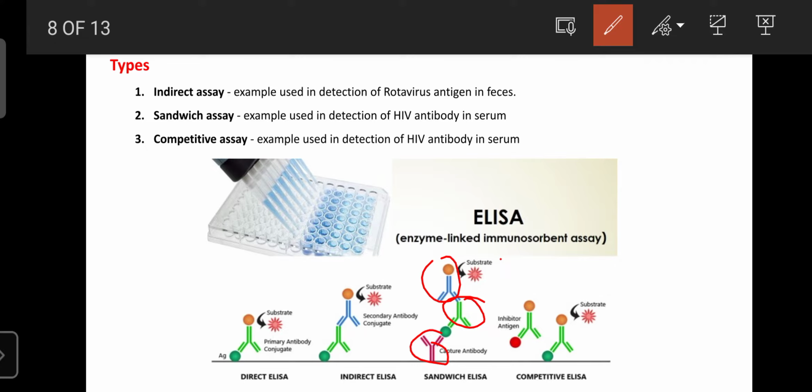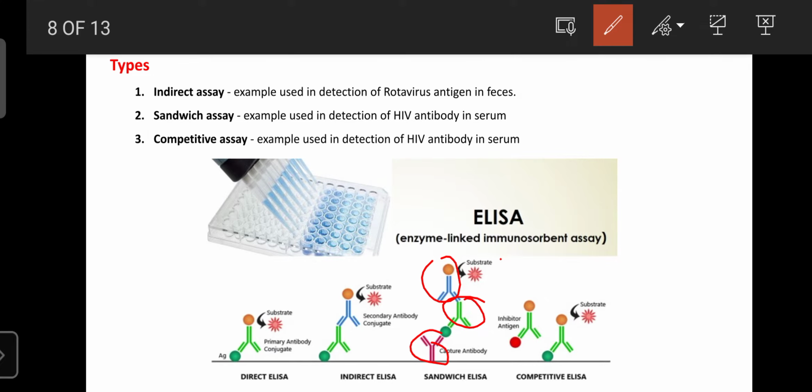It interacts with the substrate and forms the color. That is what is known as the competitive assay. The targeting point is the same for both the target and the antibodies we add. This competitive assay is used in the detection of, once again, HIV antibody in serum.